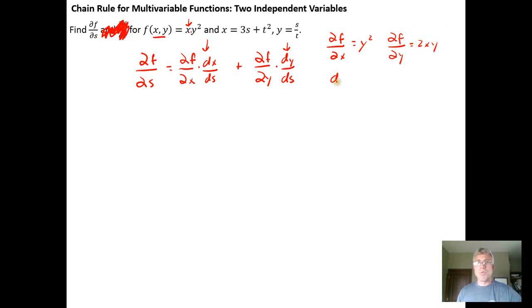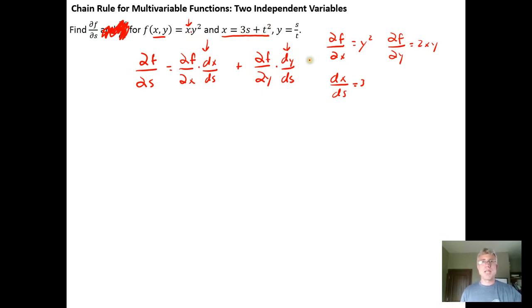And then we need to know, what is dx ds? How is x changing because of s? Well, x equals 3s plus t squared, so the derivative of x with respect to s of 3s is just going to be 3, and the derivative of t squared with respect to s, well, t is a constant with respect to s, so the derivative of t squared is 0 with respect to s.